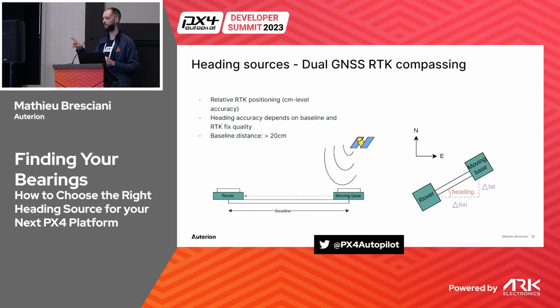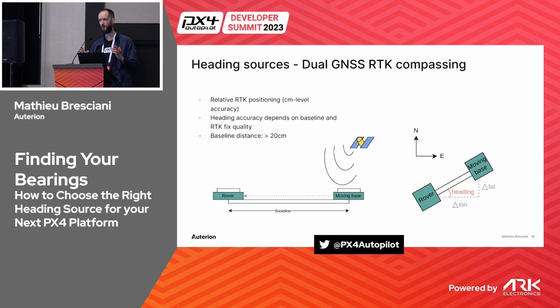By doing those corrections, you have much better accuracy. In this case, we have both the base, which is now called the moving base, and the rover on the drone.